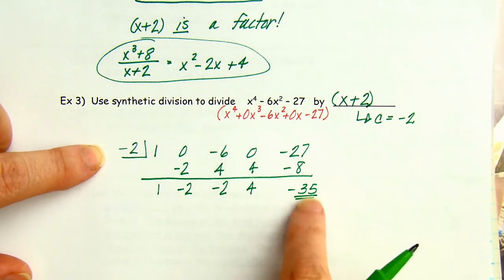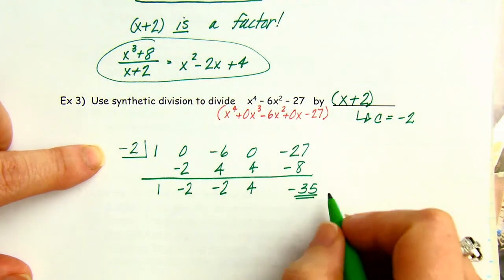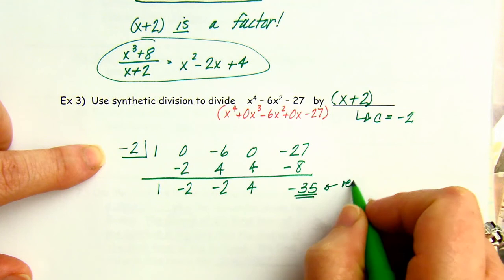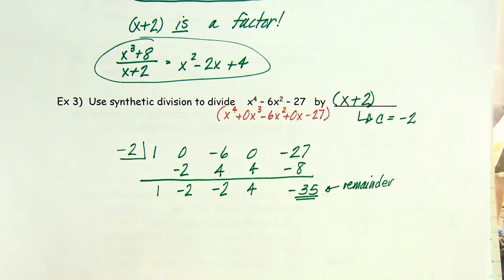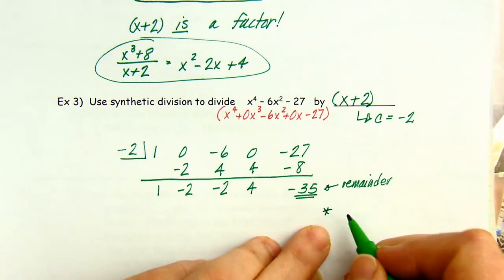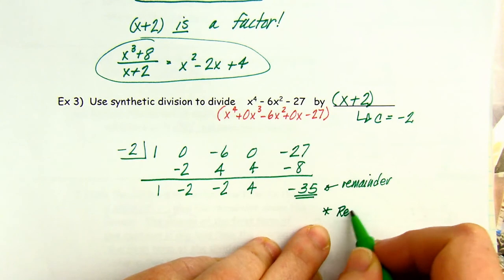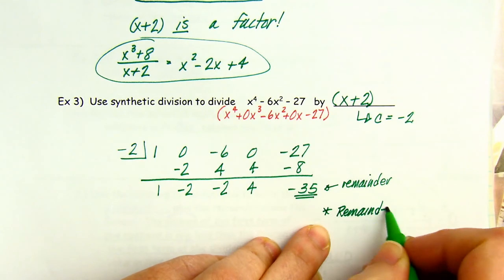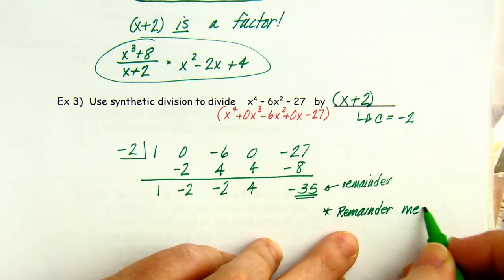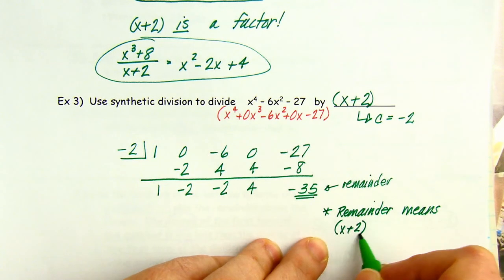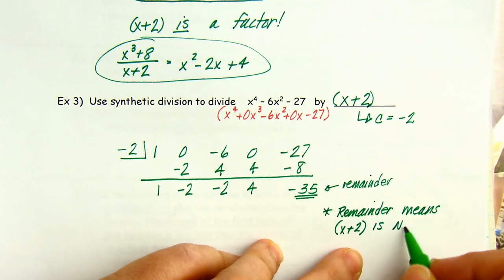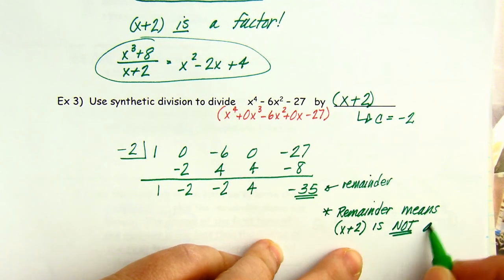And I end up with -35 this time. This is a remainder. And since I have a remainder, the remainder means that this x plus 2 is not a factor.